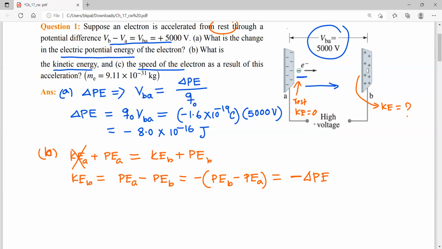So the kinetic energy at position B is equal to negative of the change in potential energy that we already calculated in part A. If you substitute the value, you get exactly the same magnitude but with a positive sign.